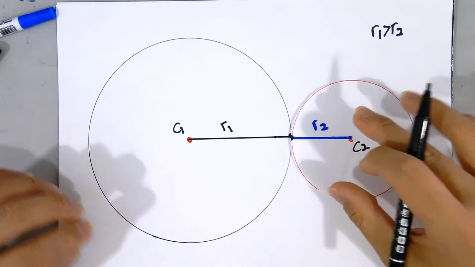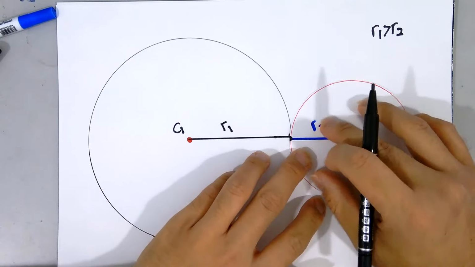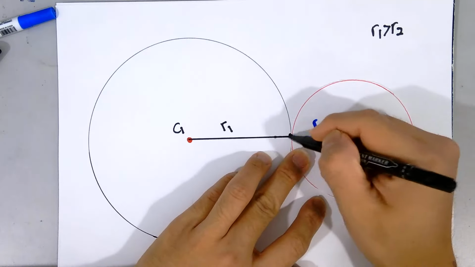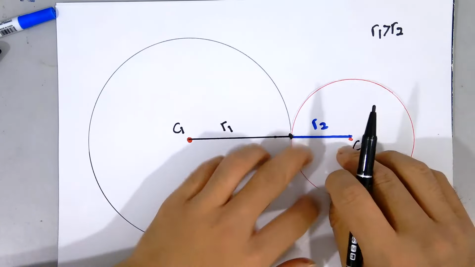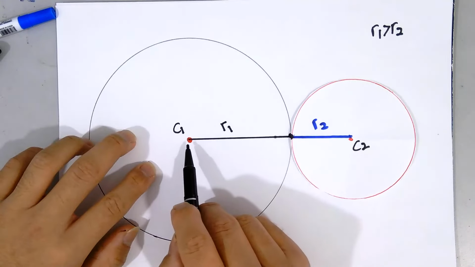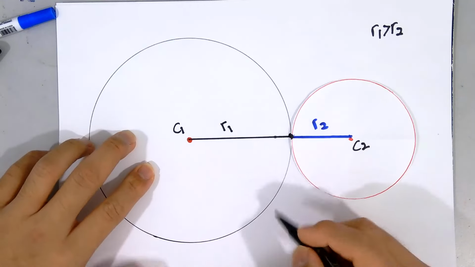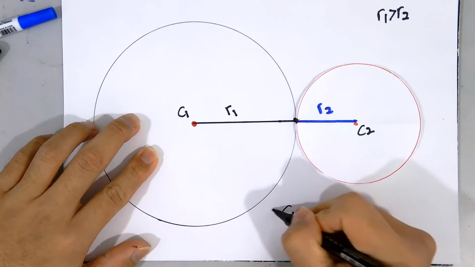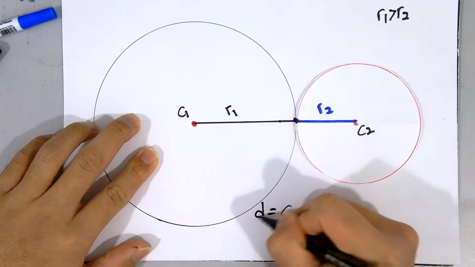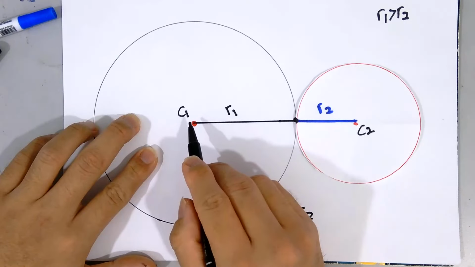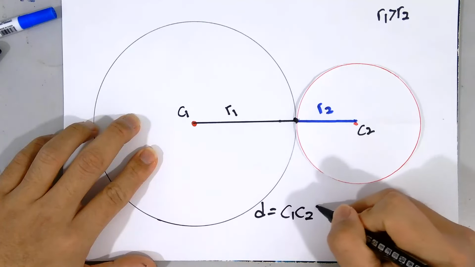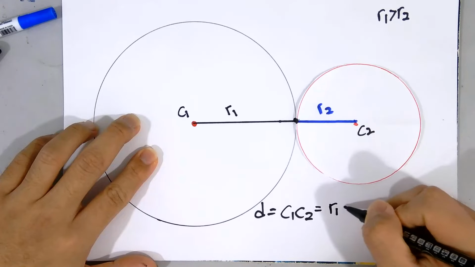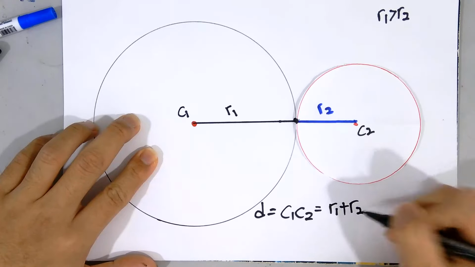So if these two circles touch externally, meaning they're intersecting at a point, what can we observe? The distance between the centers of the circles, I label it as D, C1 C2. The distance between the centers of these two circles is actually the sum of the lengths of the radii of the two circles.